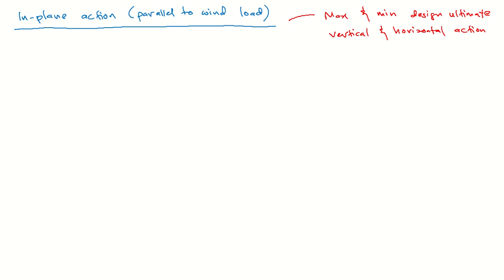This word ultimate is where we are going to multiply with the safety factors of 1.35 and 1.5. This is a step now. Let's look at the formula of this maximum and minimum design ultimate.